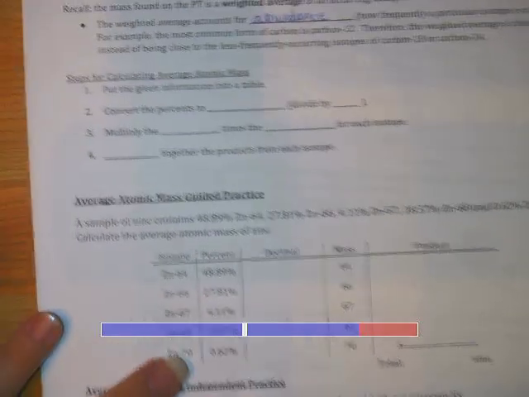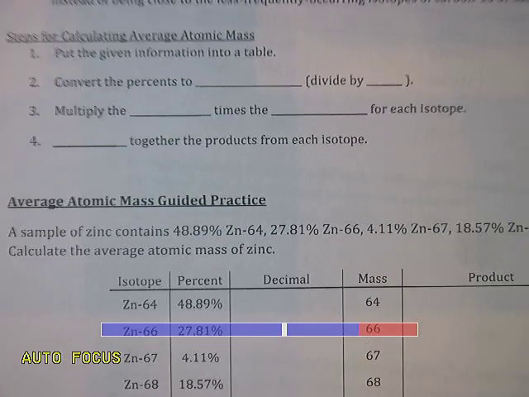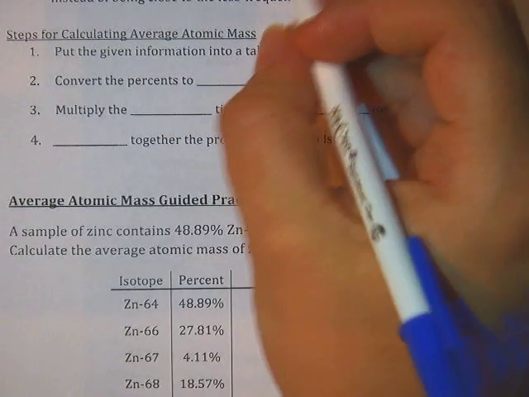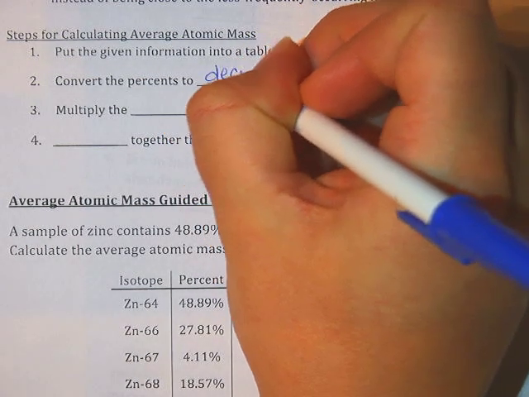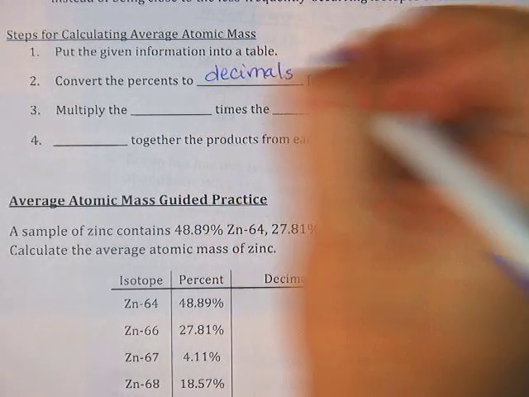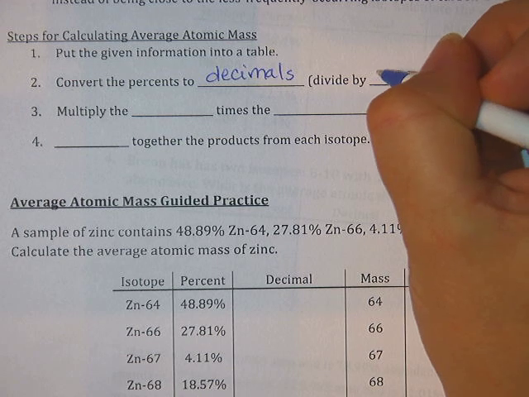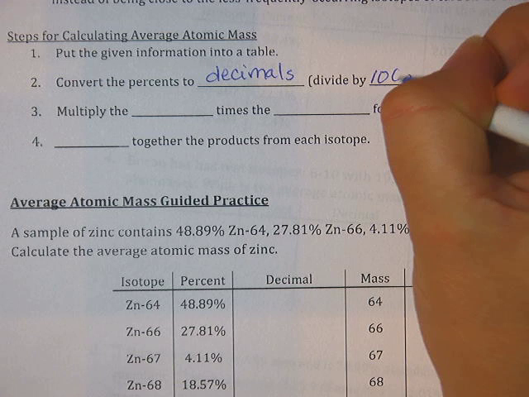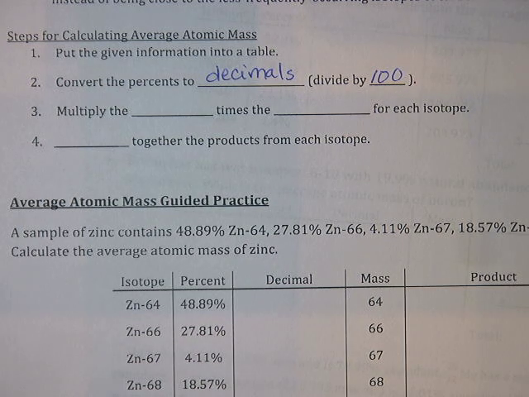So we can calculate average atomic mass using a few steps. First, you need all the given information to be put into a table. Then you convert all the percents to decimals. You should know how to do that already, but in case you forgot, you divide the percents by 100 to change them to a decimal.